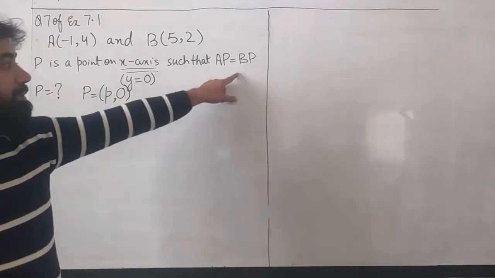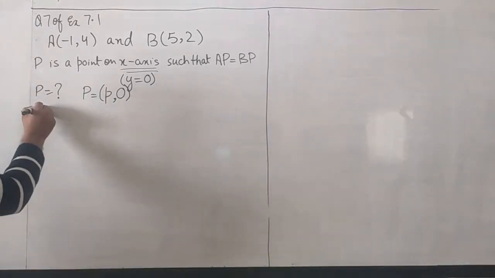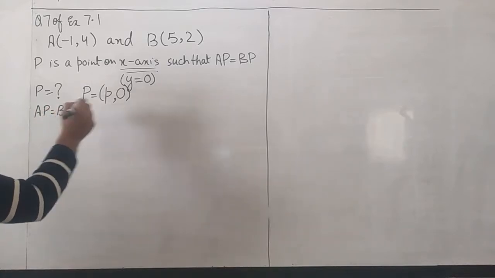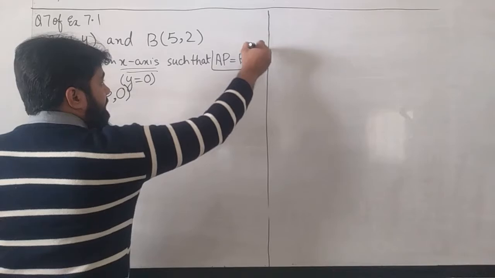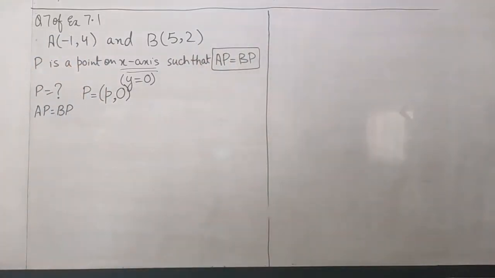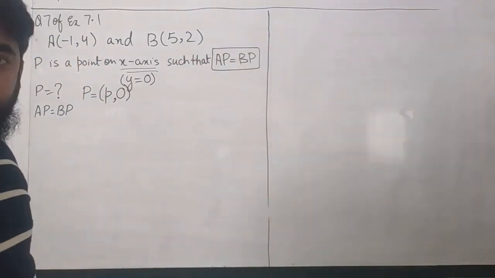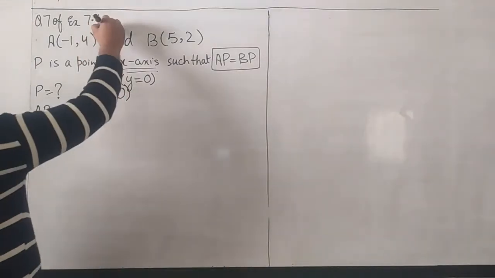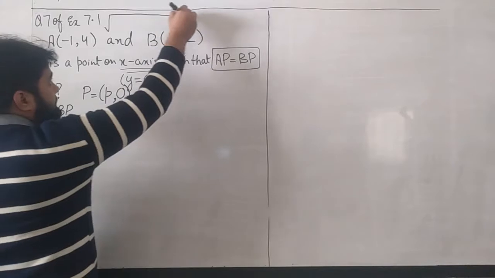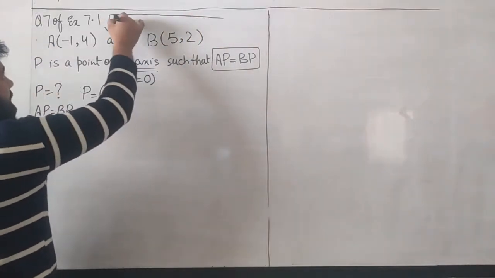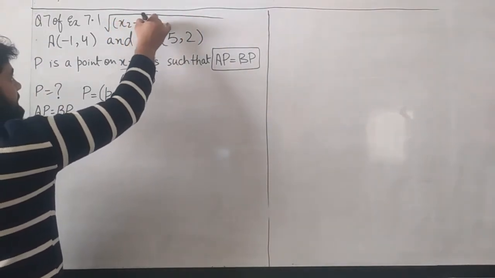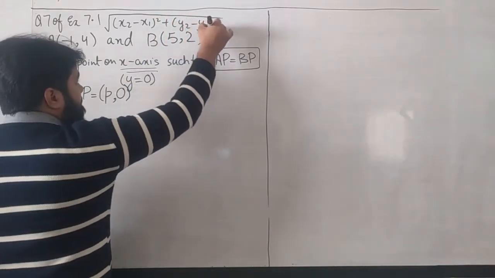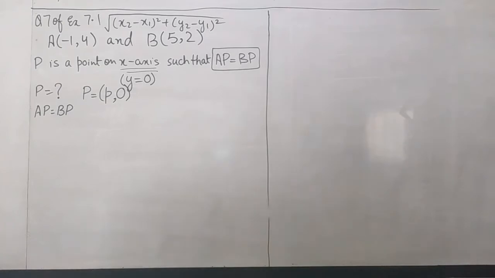So AP equals BP. This scenario was given in the question. Length of AP equals length of BP, right? So whenever they ask for distance or length, I have to write the distance formula: square root of (x2 minus x1) whole square plus (y2 minus y1) whole square.